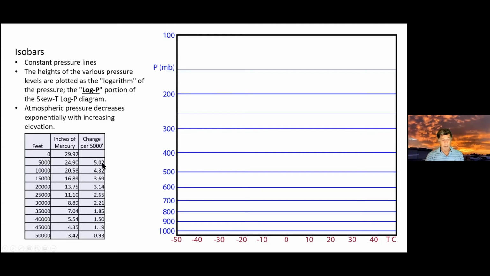Hey, that worked. That was great. Go up to 10,000 feet and I lose, well, not quite 5, but I could still make that work, right? But after that, forget it. It just all falls apart to the point where between, for example, 45,000 and 50,000, I only lose 1 inch of mercury, right? So that's just another point in play here as to why we plot this data logarithmically.